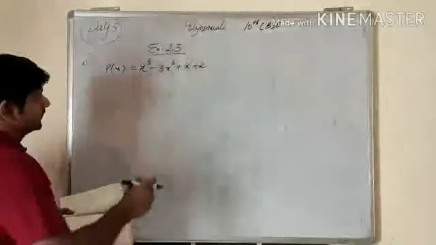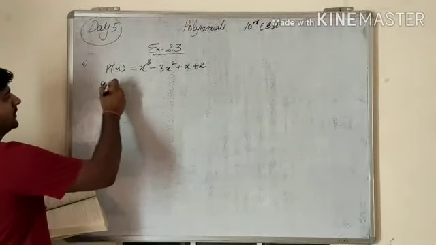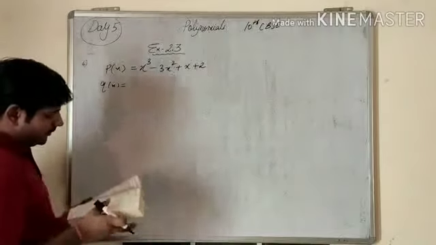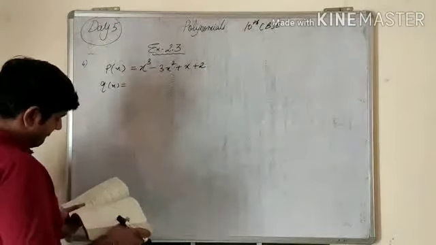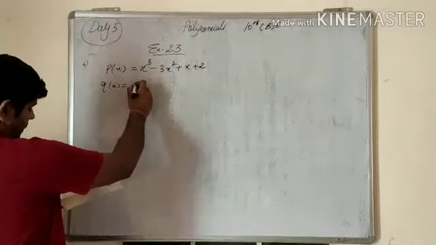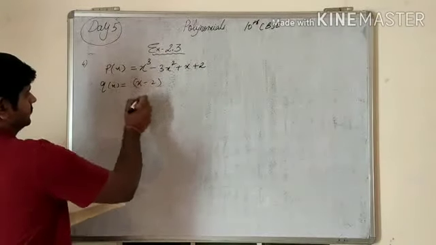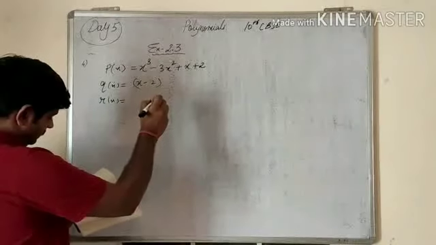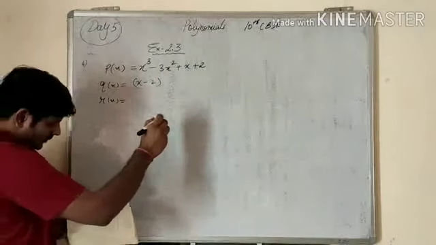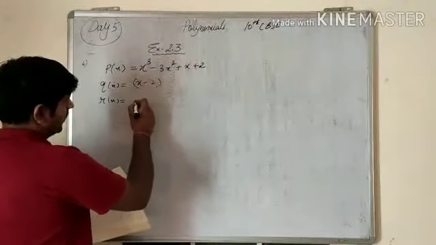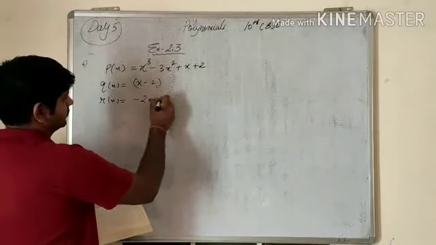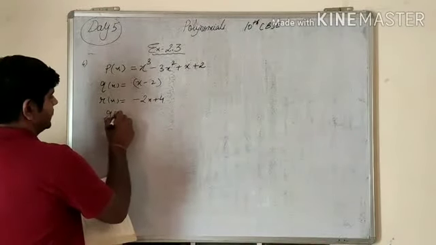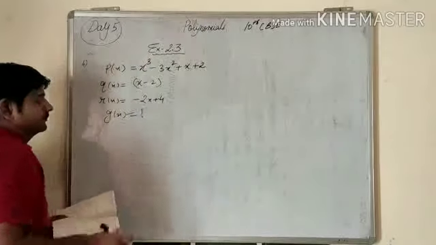This is given. q(x) is given, which is x minus 2. r(x) is minus 2x plus 4, and the question is to find g(x).